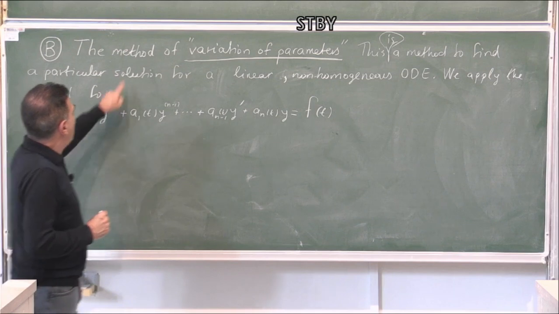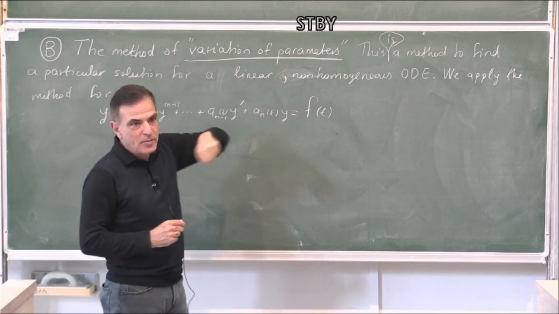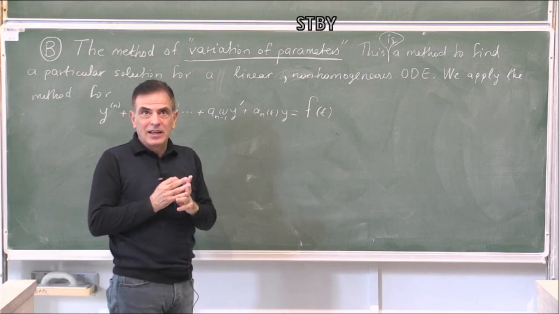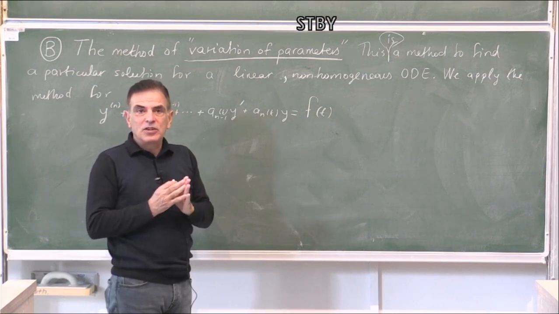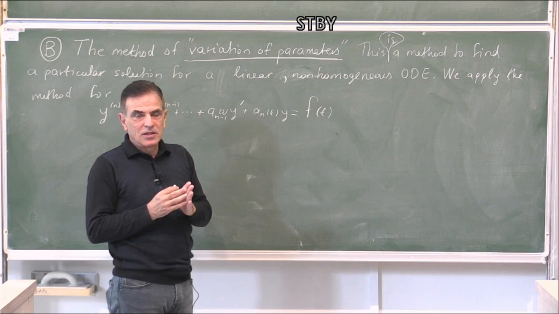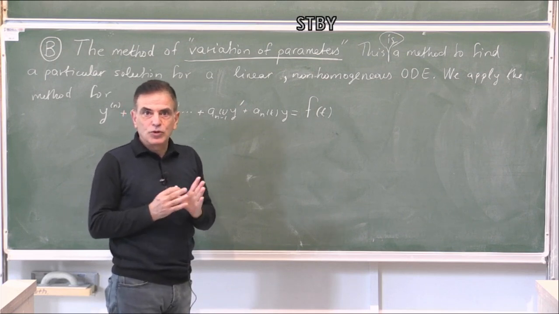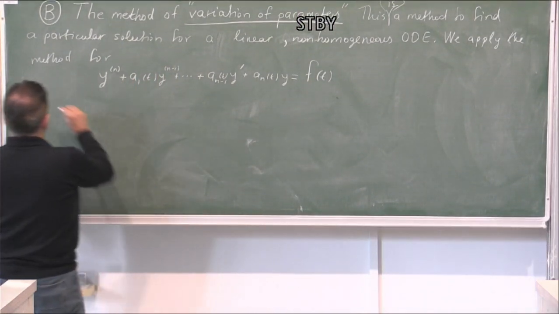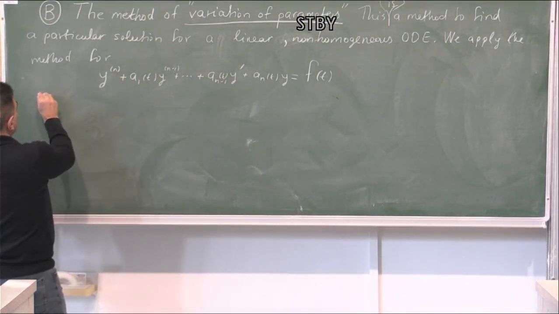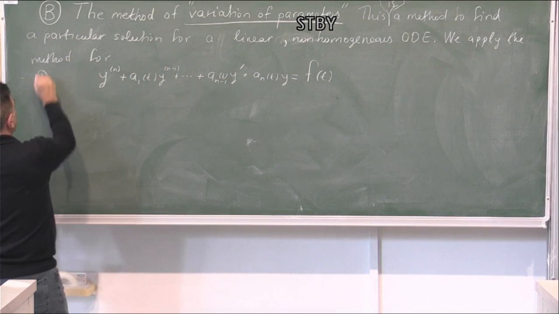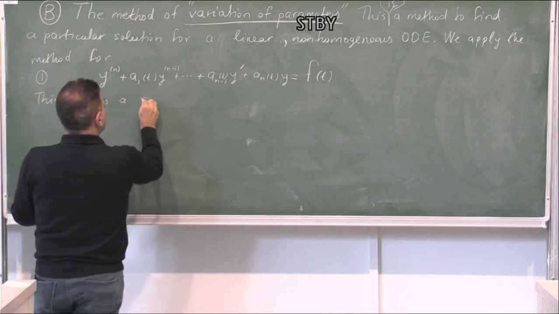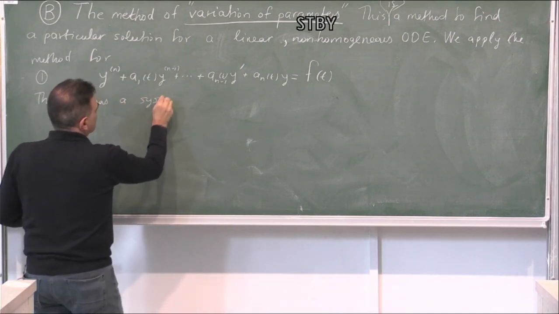look, in fact, the method of variation of parameters has been introduced previously in finding a particular solution for systems of first order ODEs. Okay? So recall that such an equation, let's say 1, this equation has a system representation.